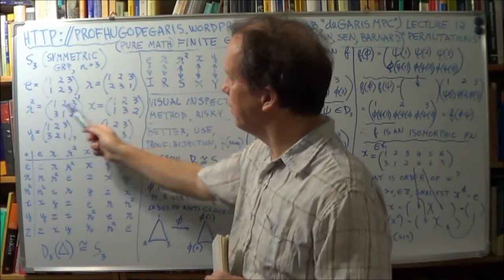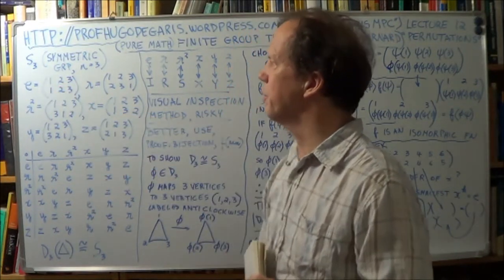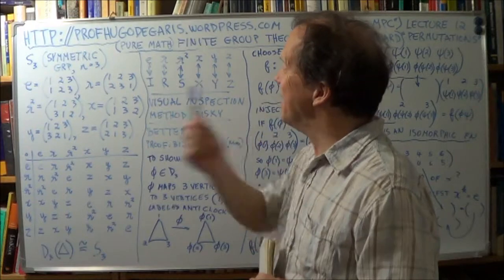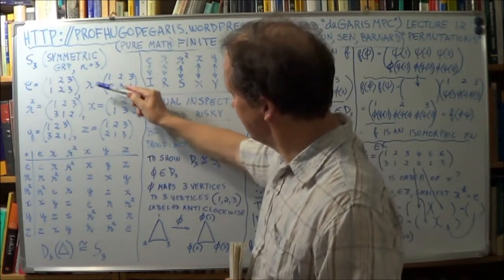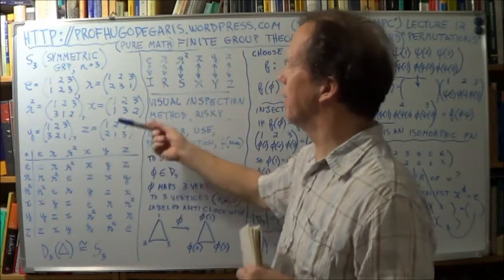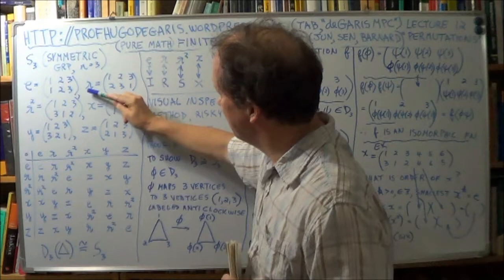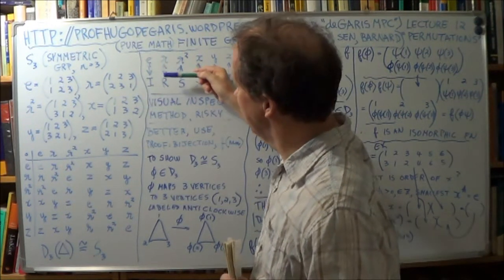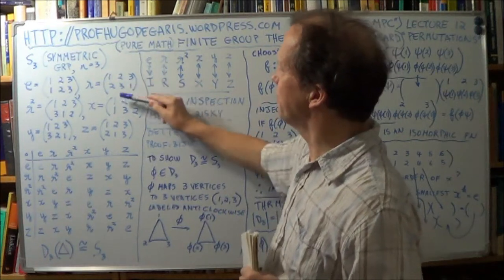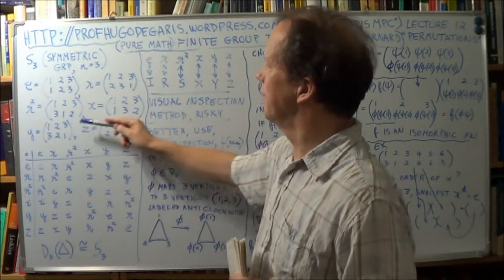And here are the elements of that group, the symmetric group on 3 objects. Here's your unit, right? You can label them any way you like, but what's going on here? Can you see these 1, 2, 3s? They're shifting one position to the left, so then you get 2, 3, 1, and you can do it twice.